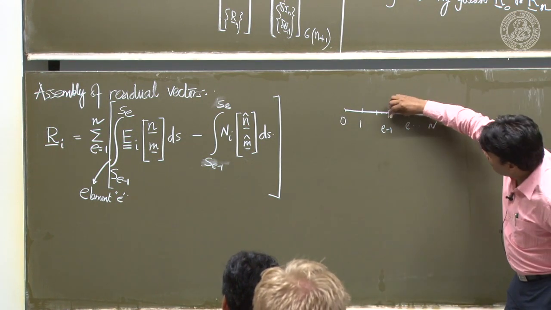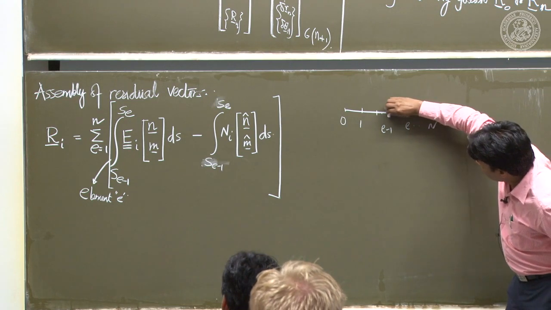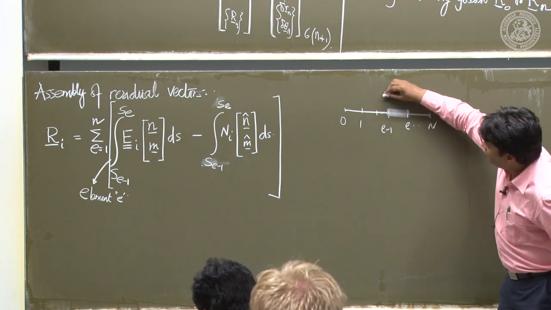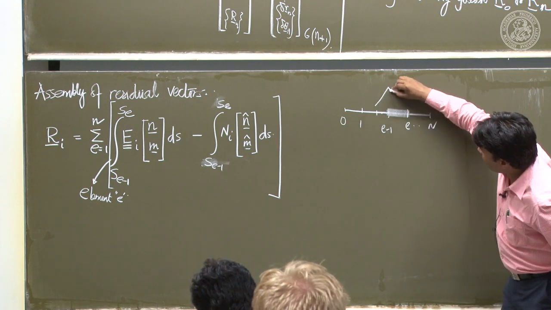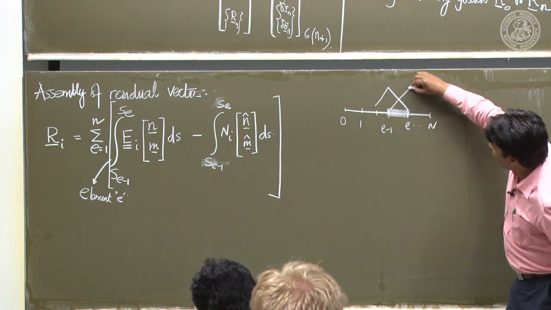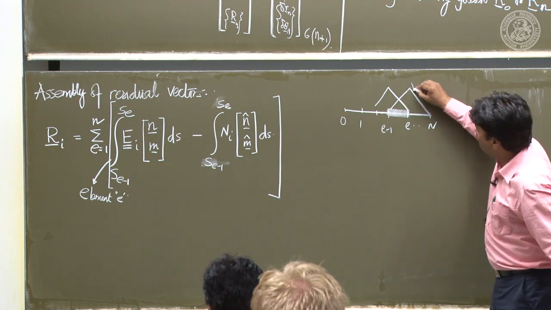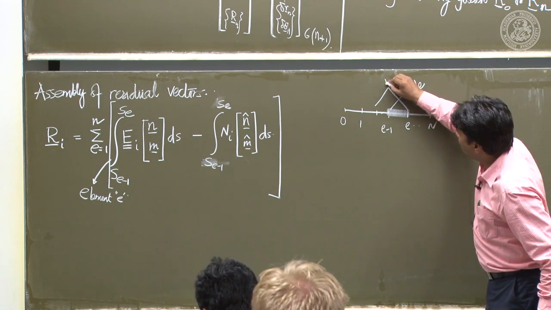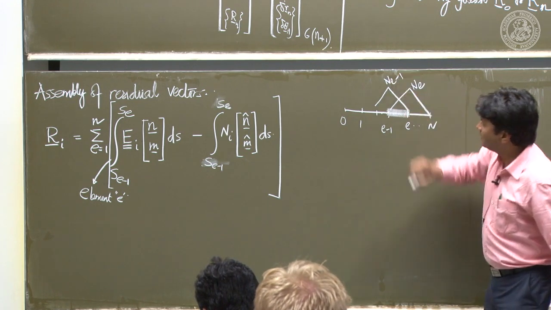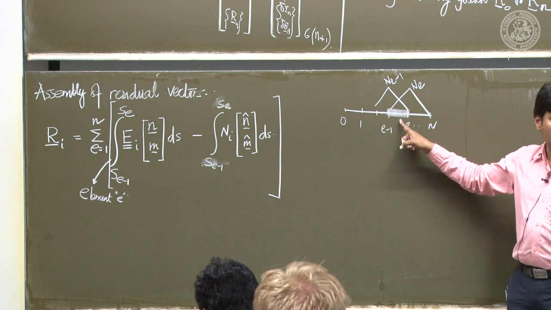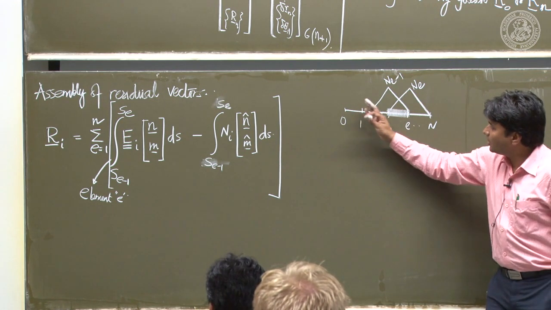So, that is your element e. So, either this shape function or this shape function. So, that is the shape function N e, that is N e minus 1. Only these two are active on this domain, others are all 0.